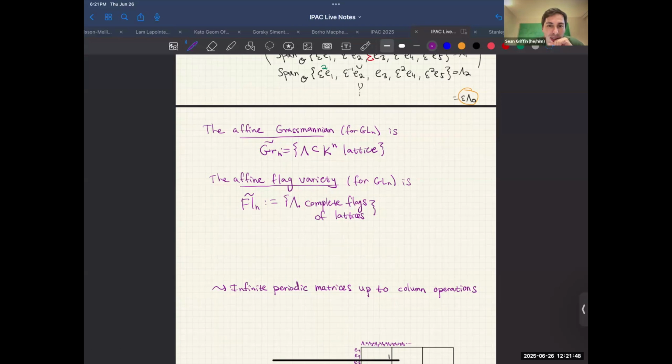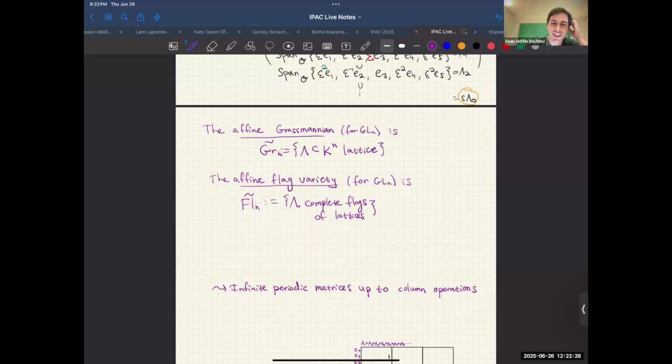For any complete flag, does there always exist a Schubert basis such that it is obtained as in your example? Yes. Are you asking about Schubert bases, or maybe the question will be answered by the topological basis. In general, you will have sums of things.